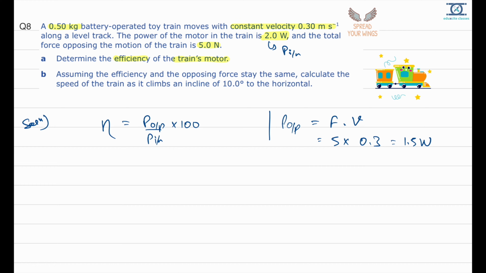Now we have power input, we have power output, we can easily find the efficiency, right? So the efficiency, this is the symbol of efficiency, is 1.5 over 2 times 100. So this is nothing but 75% or 0.75 in decimal. So the efficiency of the train motor is 75%.